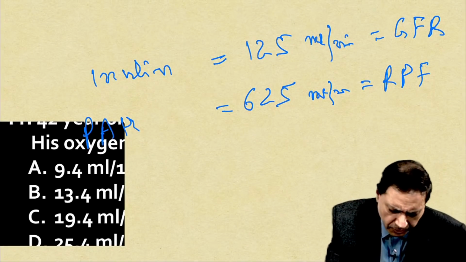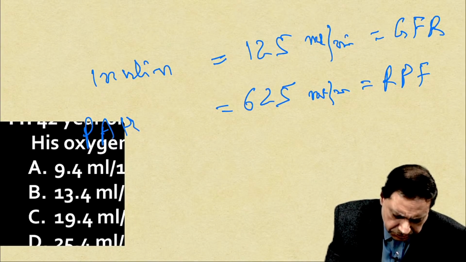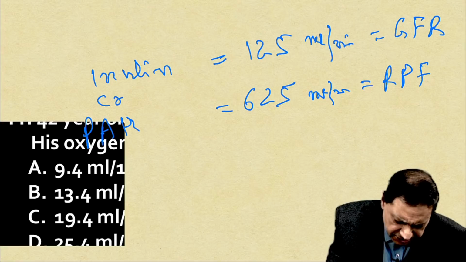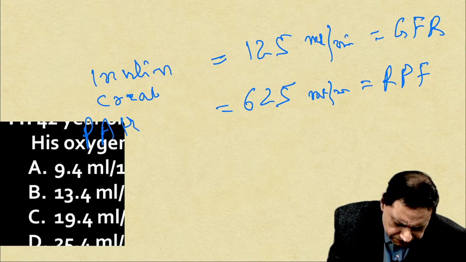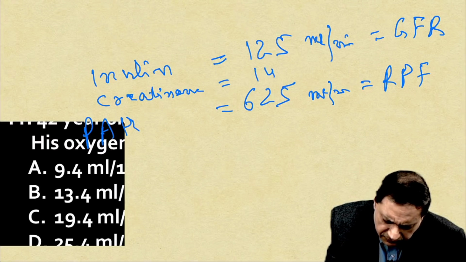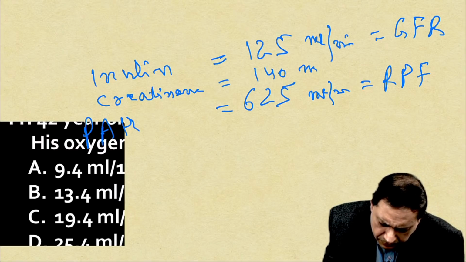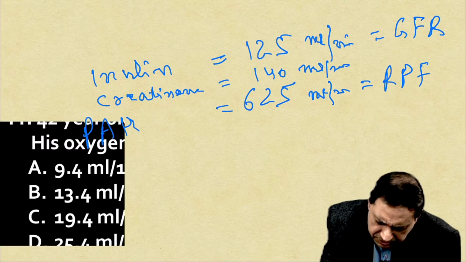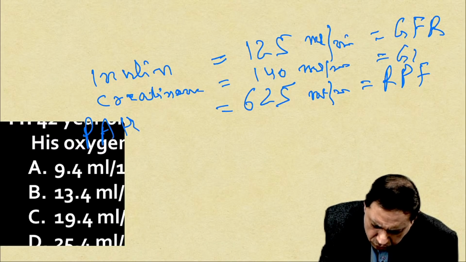Okay? And creatinine clearance is equal to 140 ml per minute. This is also roughly equal to GFR.